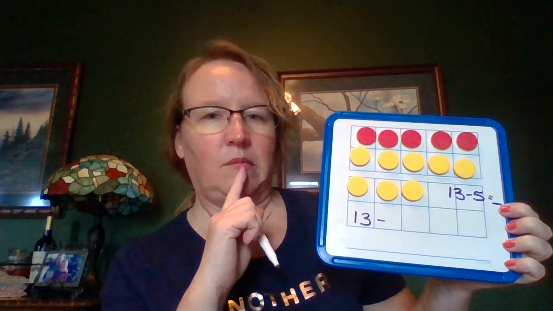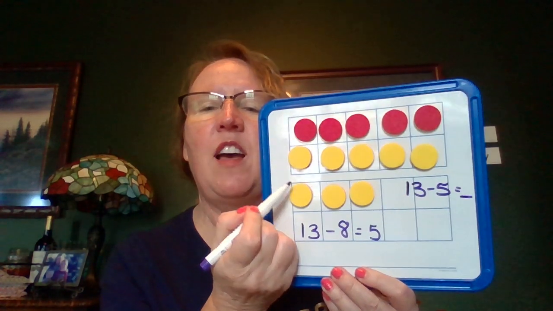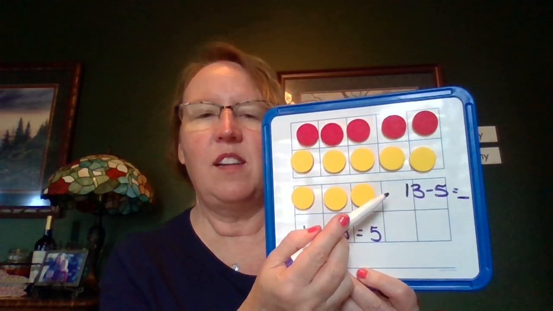We can write it out. So what we want is 13 minus 5 equals what, right? Well, here's 13. What did he take away? How many are yellow? What did he do? He took away 8, didn't he? Which leaves us with 5. But wait, wasn't he supposed to take away 5? Yeah.